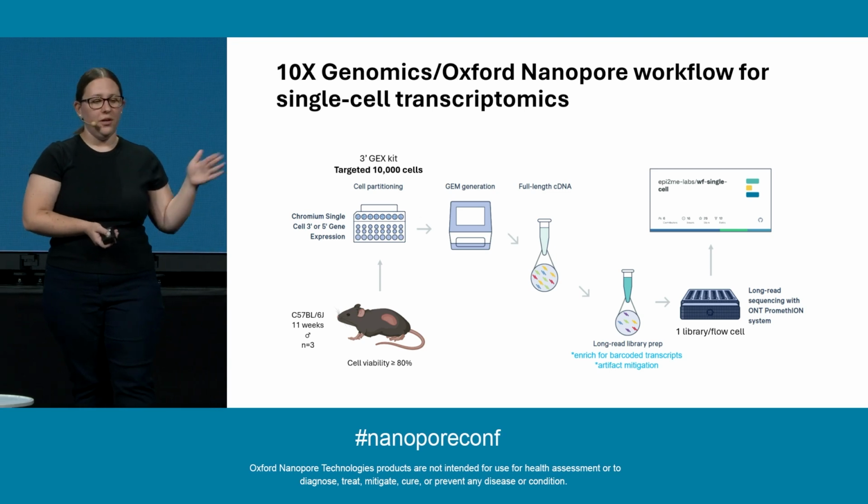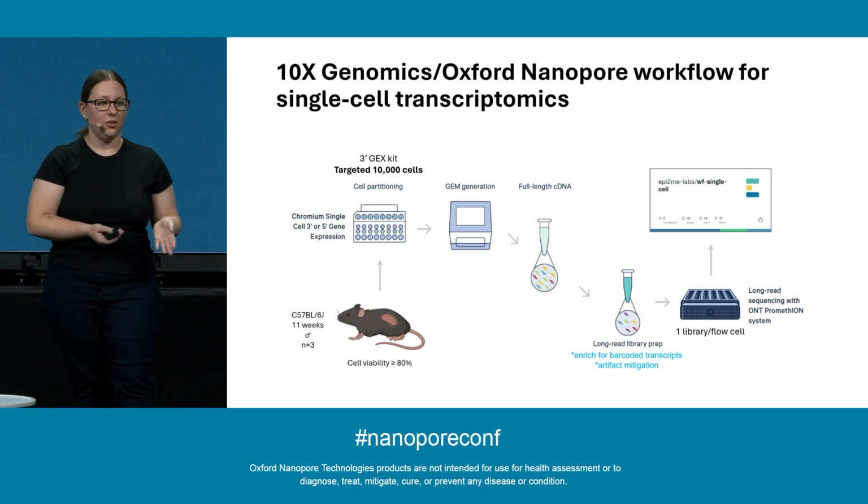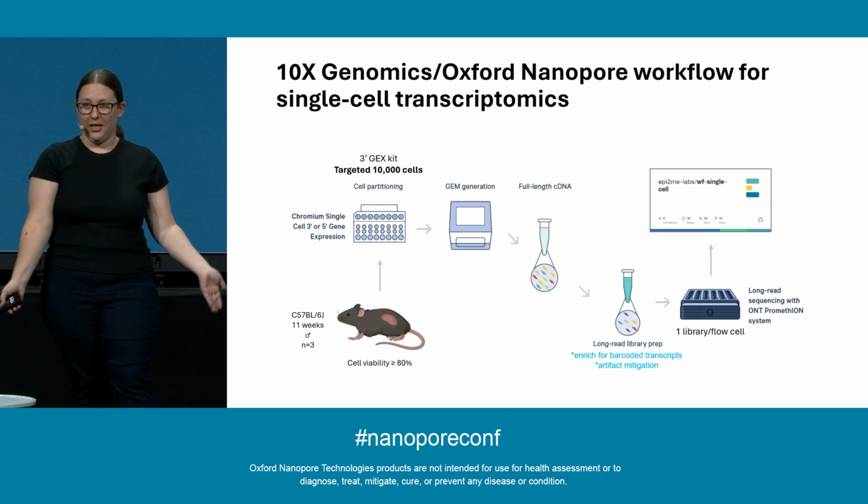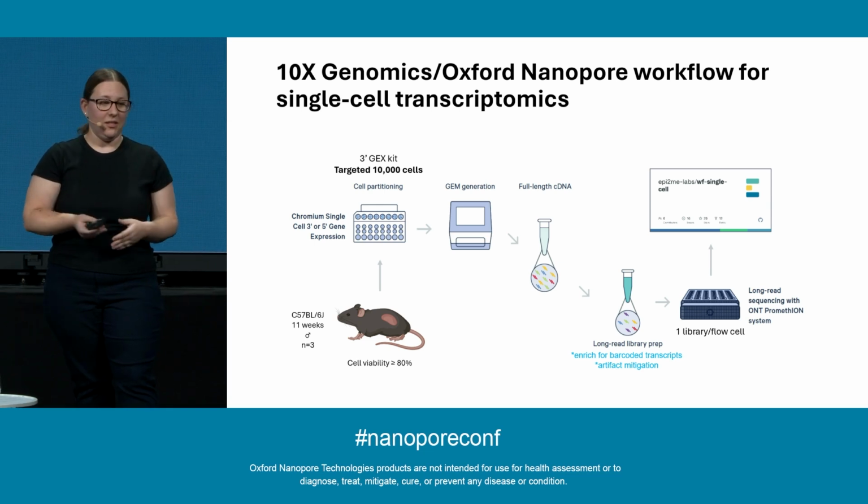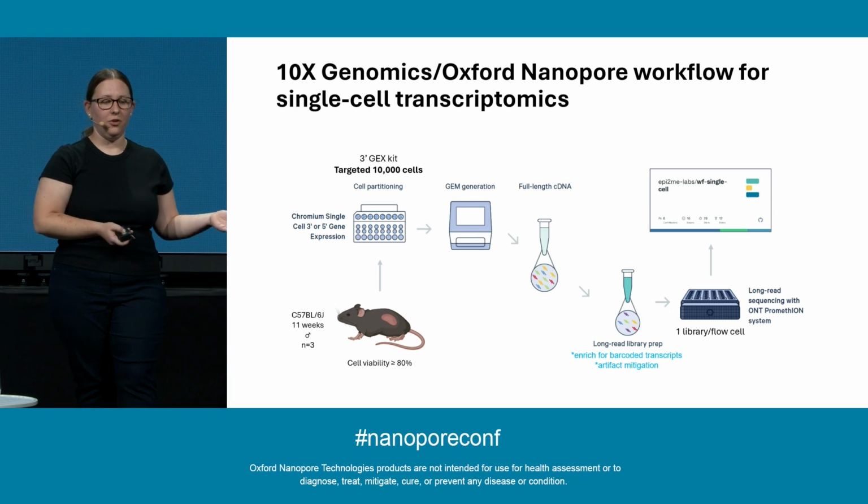And then you follow the same 10x workflow until you get to the full-length cDNA generation. And because we can now sequence full-length cDNA, we just submit this for the library prep and then sequencing. And for this experiment, we did 1 sample per flow cell. Again, this is probably not ideal with the amount of cells we targeted, but you can always sequence across more flow cells.